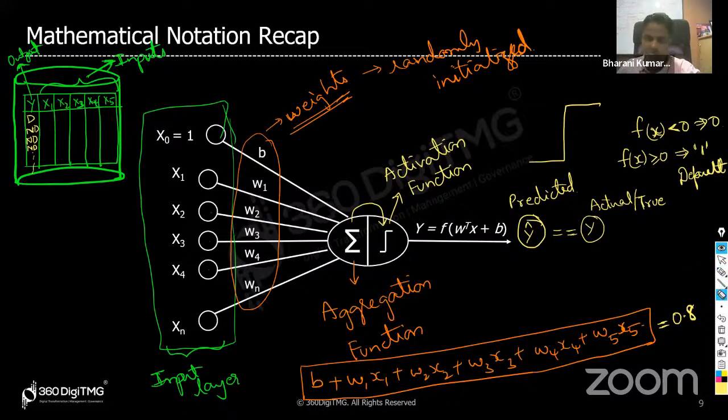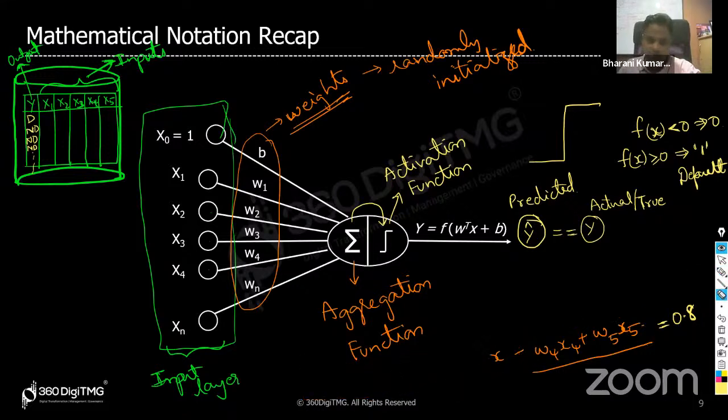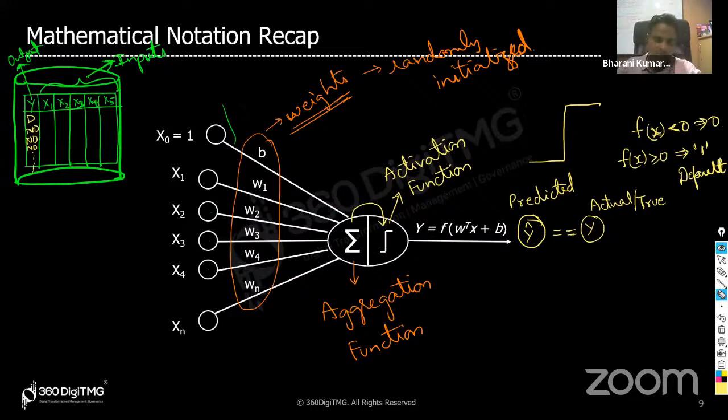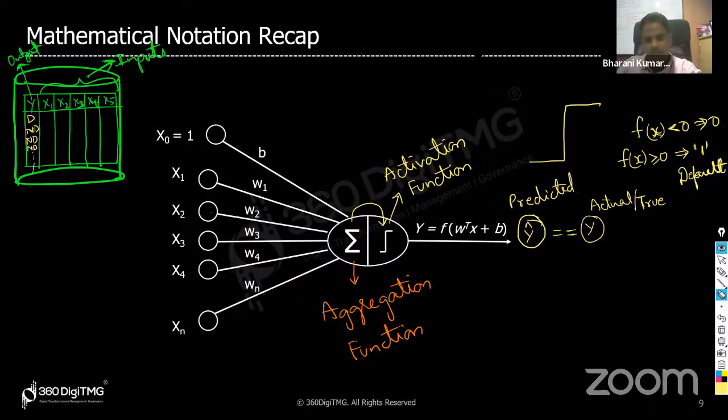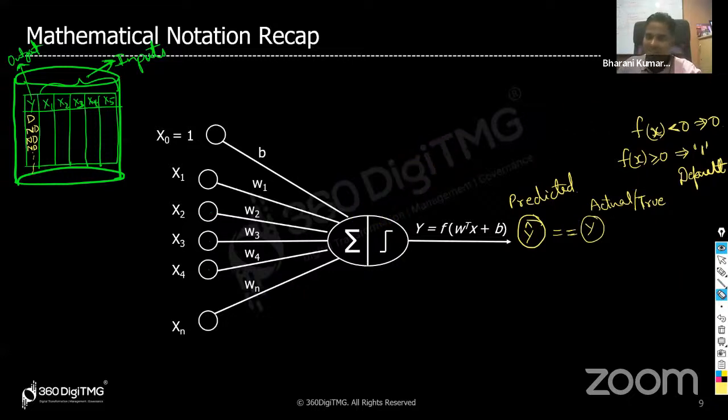I'll erase this big equation, this part as well, and this also, so that it's easier and simpler. Now that I've erased everything, you take the first row and take all the inputs: age, gender, income, education, loan amount, whatever.